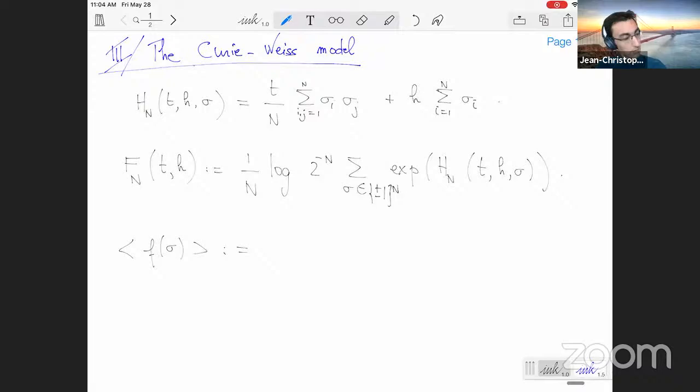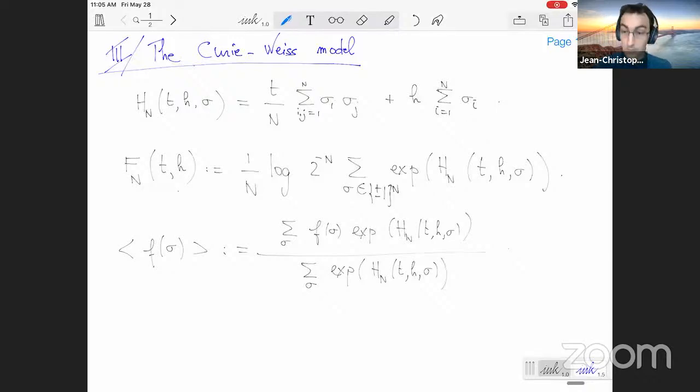If I write it explicitly, it's the sum over sigma of f of sigma times exponential of Hn, divided by the sum over sigma of exponential of Hn T H sigma. So far, so good. Are there questions on this? It's important that you feel comfortable with the notation because we're going to use it for a long time.